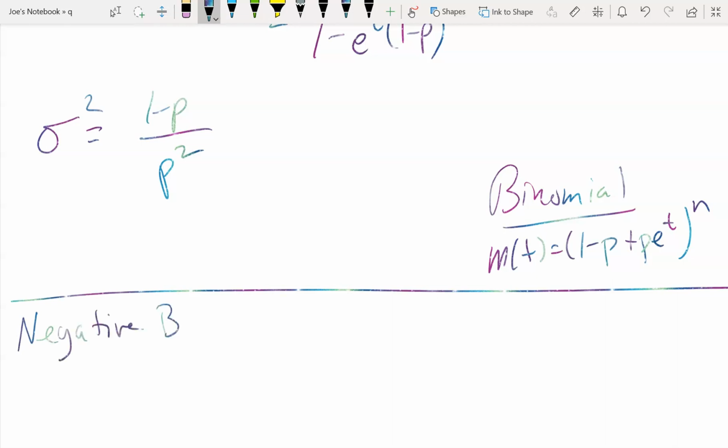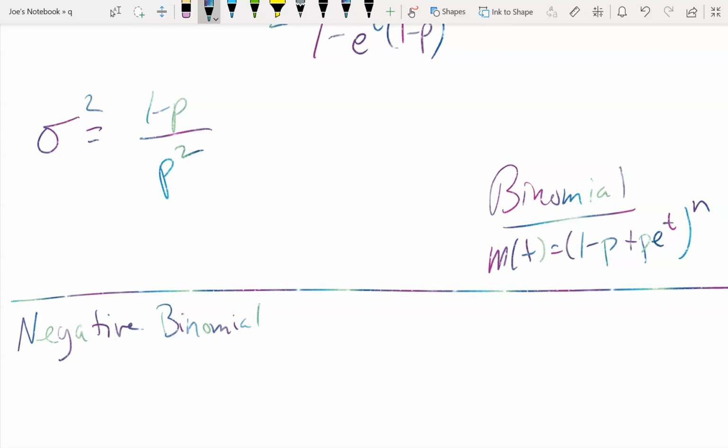All right, let's talk about the negative binomial distribution. The negative binomial is an extension of the geometric. The geometric was you run Bernoulli trials until you get to the first success. The negative binomial distribution is you run Bernoulli trials until you get to a fixed number of successes.